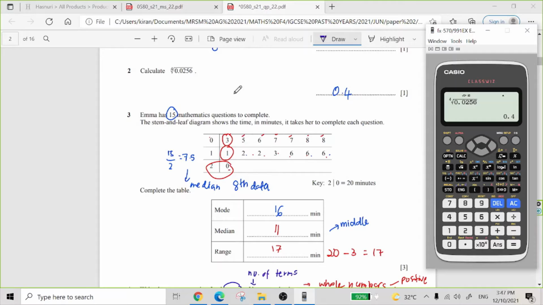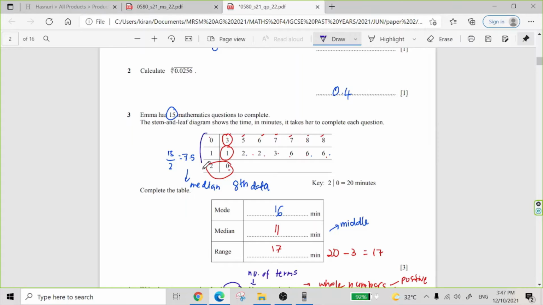The first row starts with 3, 5, 6, 7, 7, 8, 8, since the part here is 0, which is the stem. This is what we call the stem, and the part here is the leaf. Next is 1, which means 11, 12, 13, 16, and 2, 0, which means 20.